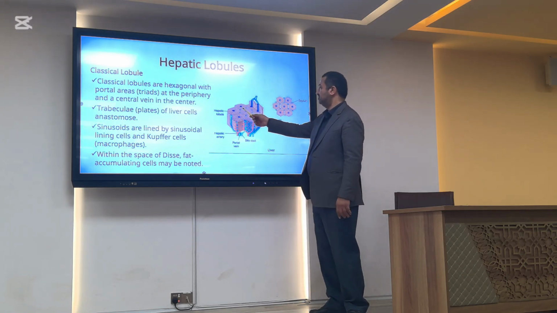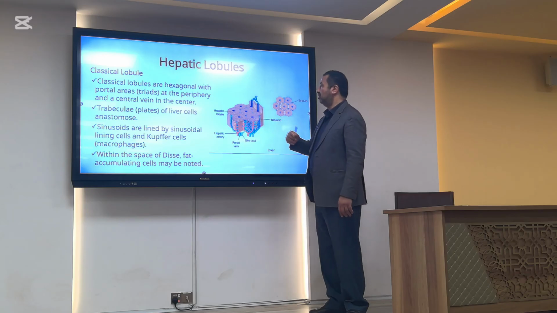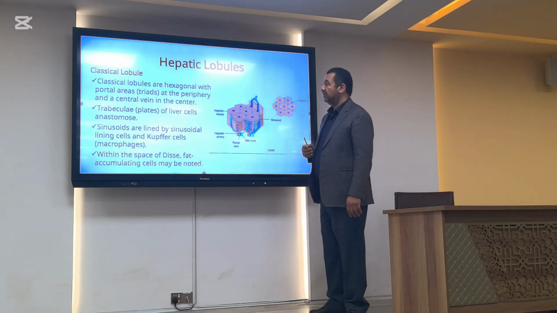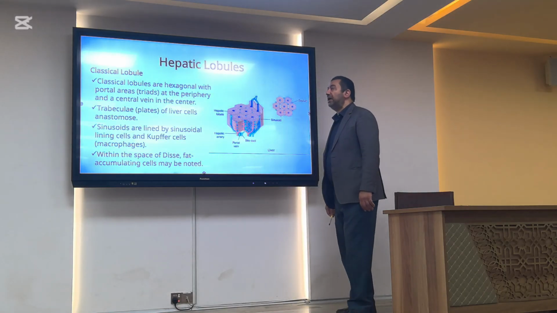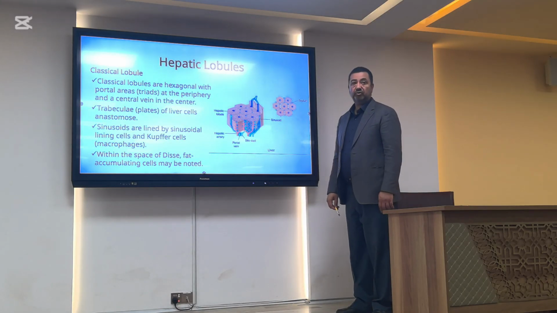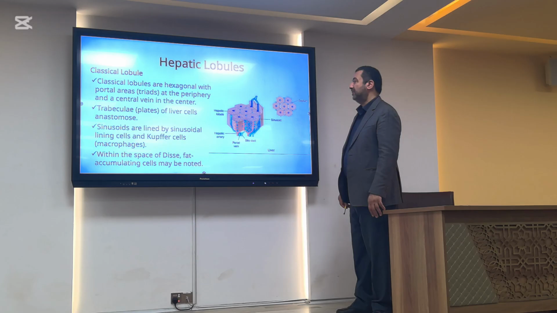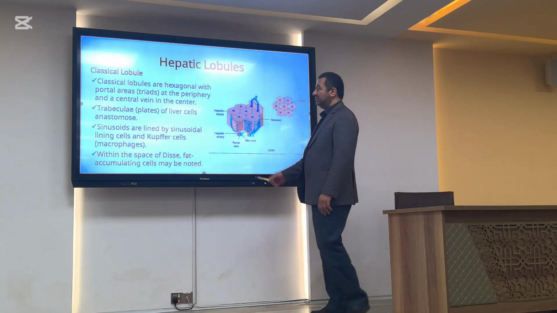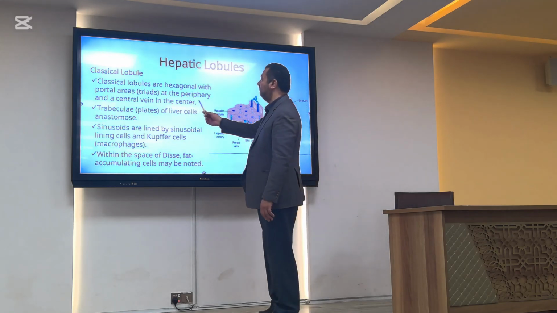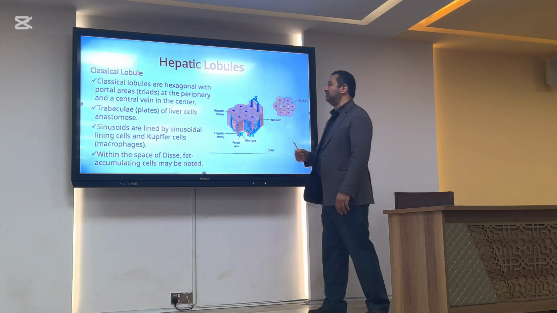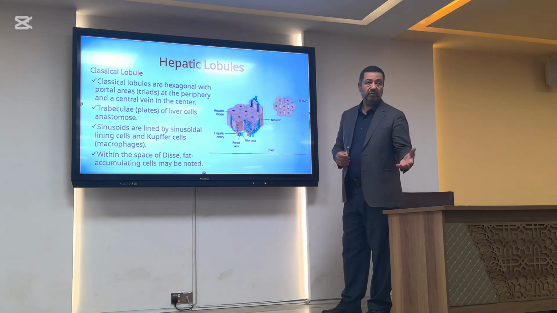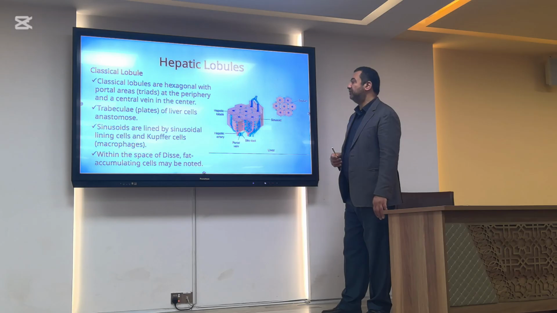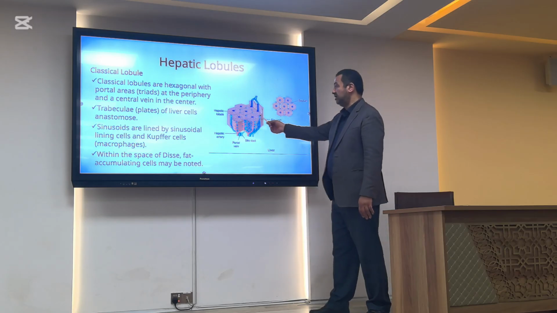See here, this is a classical lobule. Classical lobules are hexagonal with portal areas or Kiernan spaces, triads, at the periphery and the central vein in the center. Trabeculae or hepatocyte plates of the liver cells anastomose.